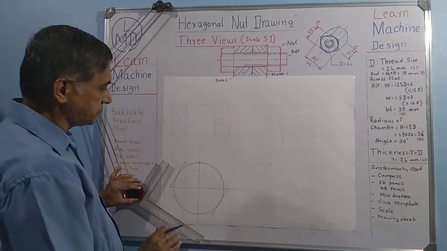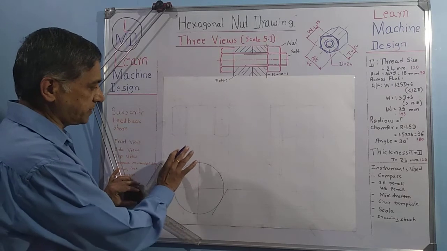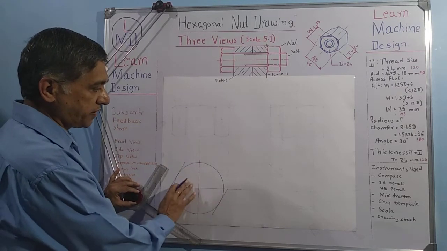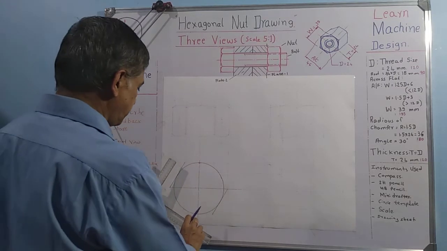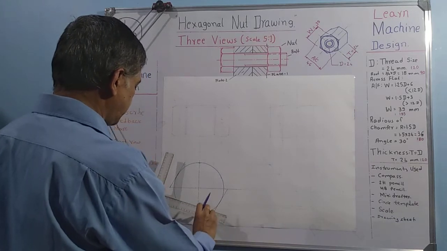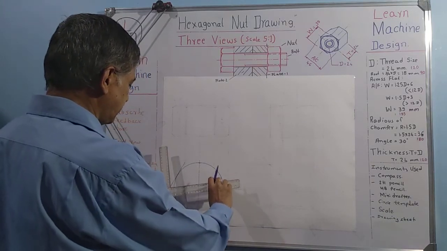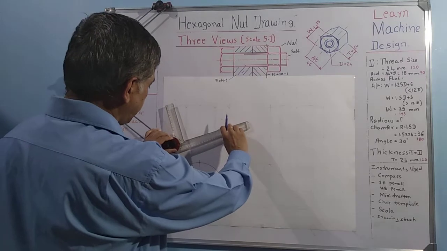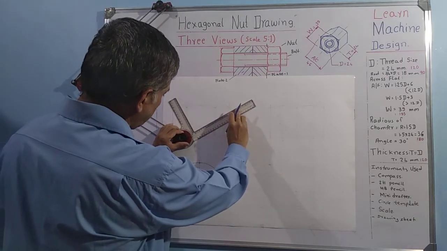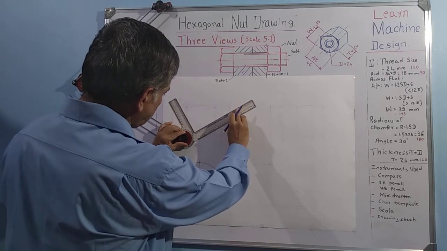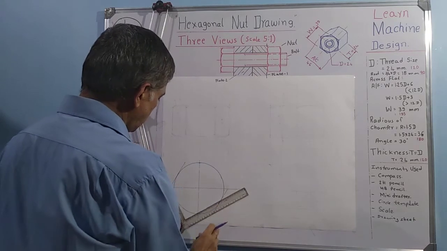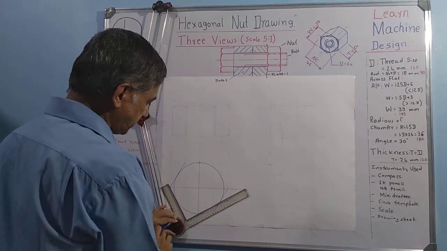Now we have two nut faces identified. Then we have to turn it like this, 30 degrees to this side. Use this scale again.